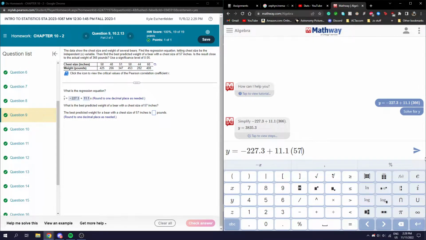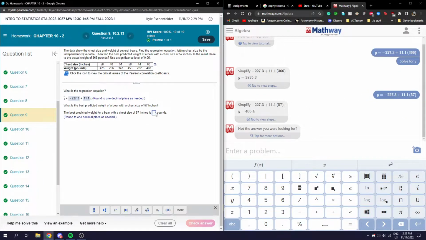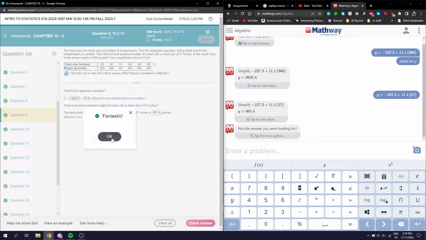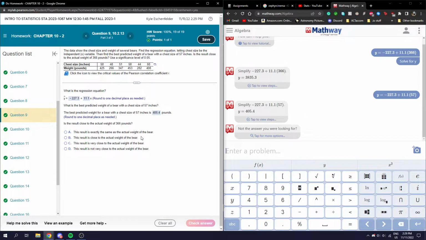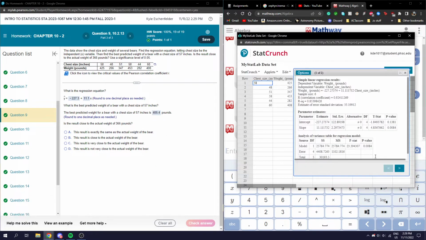I think this is pretty much the most confusing problem in the homework. But if the p-value was higher, or greater than this number here, then the answer would be 366.